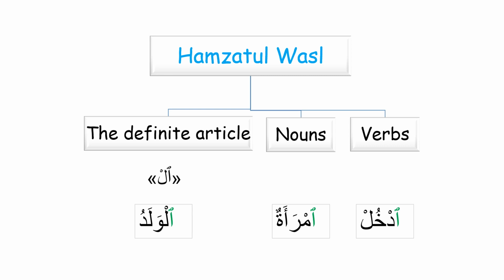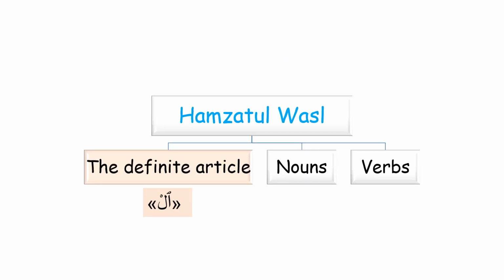Since Hamzatul Wasl can appear at the beginning of the definite article al, or at the beginning of certain nouns, or at the beginning of certain verbs, we are going to analyze all of these three options during this series. However, the focus today is going to be on the first case, which is nothing but Hamzatul Wasl and the definite article al.